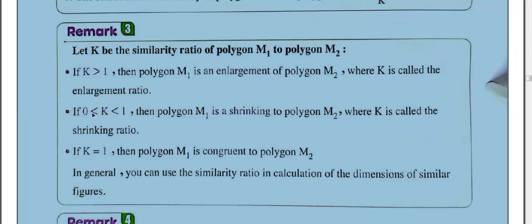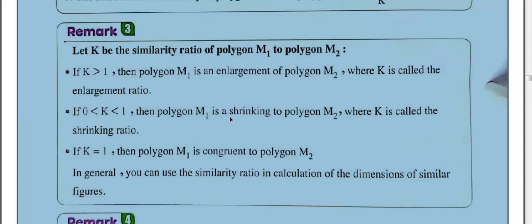If K is more than 0 and less than 1, then polygon M1 is a shrinking of polygon M2, where K is called the shrinking ratio or minimization.